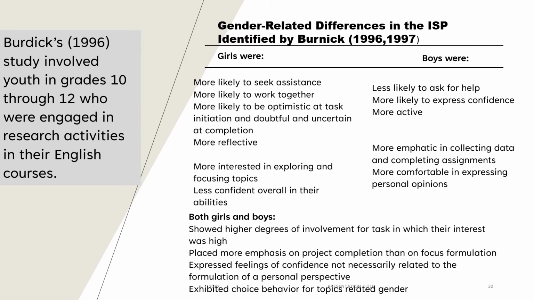Bordick's 1996 study involved youth in grades 10 through 12 who were engaged in research activities in their English courses, citing a report published in 1992 that raised concerns that models generally used to guide research projects and assignments might favor males.